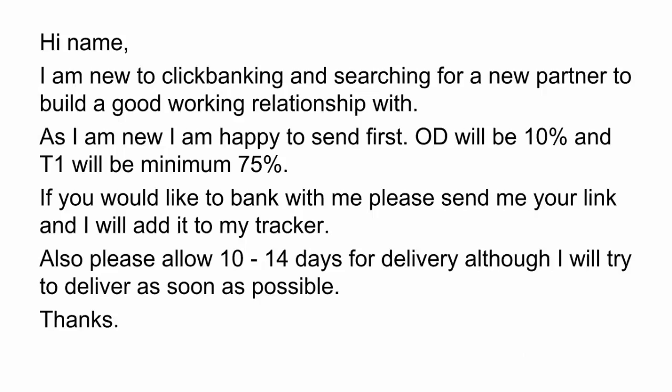One thing that's really important here is the time frame, 10 to 14 days. This really is up to you. What you're going to do is you're going to buy some solos. And when you buy the solos from the solo vendor, they will give you a time frame as to when or how quickly they can deliver your solos.